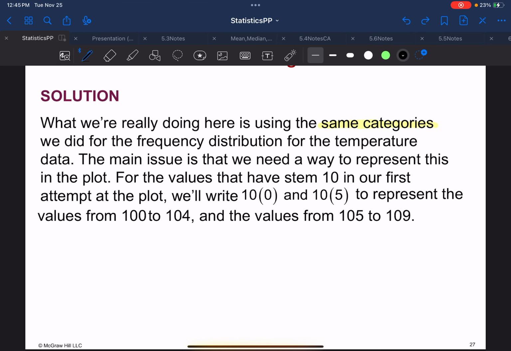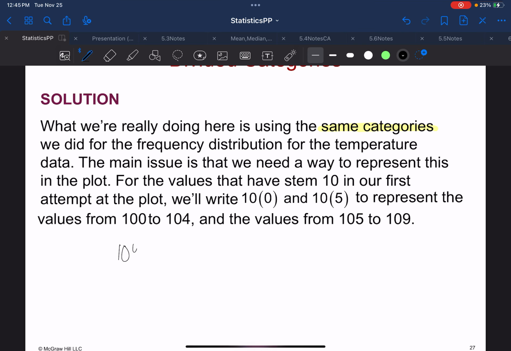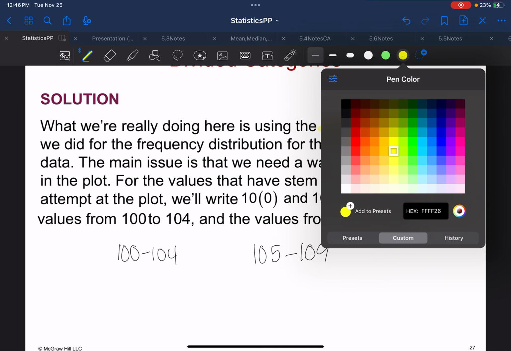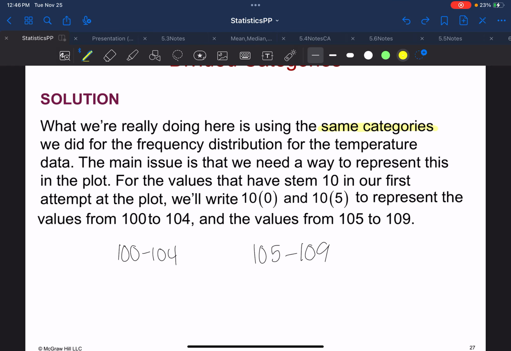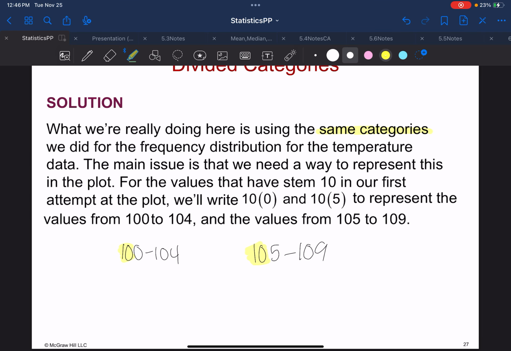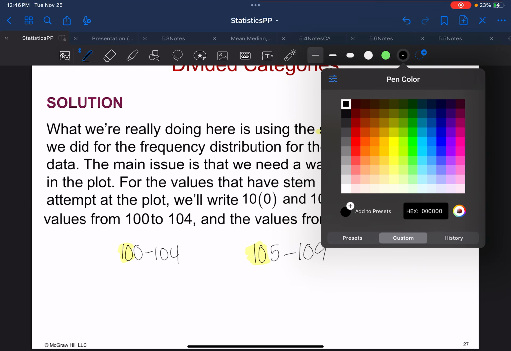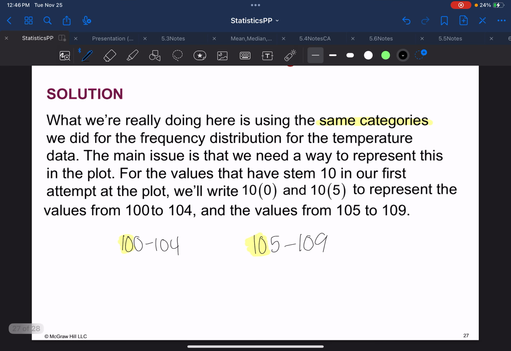Because for our values between 100 to 104, and the values from 105 to 109, in both of these classes, the first 2 digits is 10. They're the same. So if we're breaking them up into these 2 different classes, we can't represent the stems with just 10. We have to have a way to separate them. And that way is going to be using this notation.